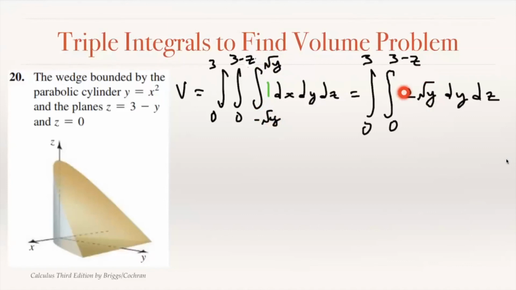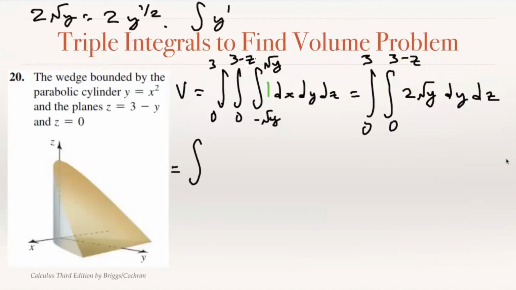Okay, now we integrate that dy. So remember that the way to think about root y is as y to the power of 1/2. If we integrate y to the 1/2, then that means that we increase the power by 1, that's 3/2, and then divide by that.